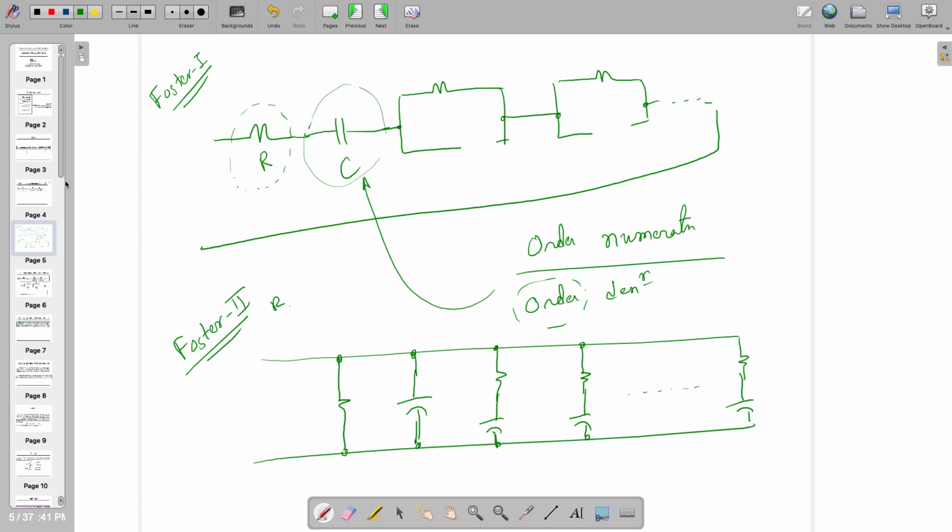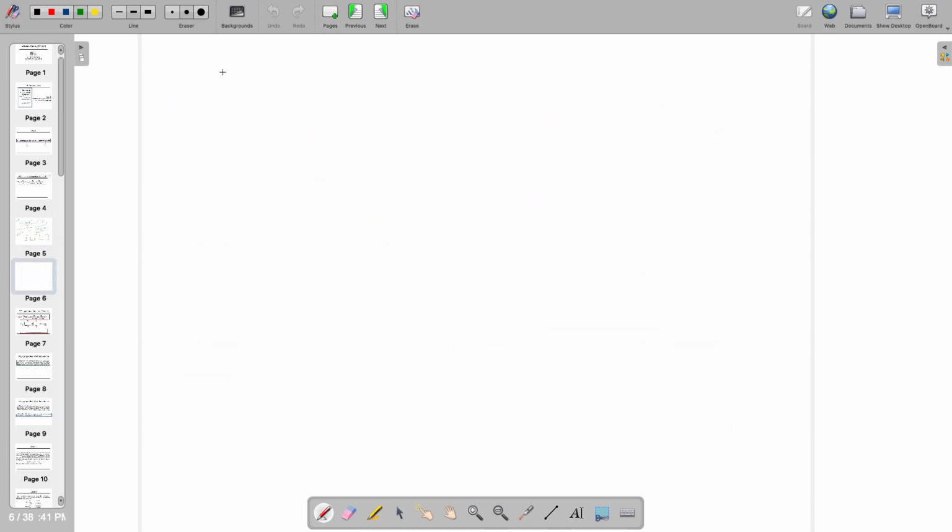Right? But the only problem here is the same thing if you are doing RC series synthesis using Foster, which is known as Foster 1, which is being done for impedance.